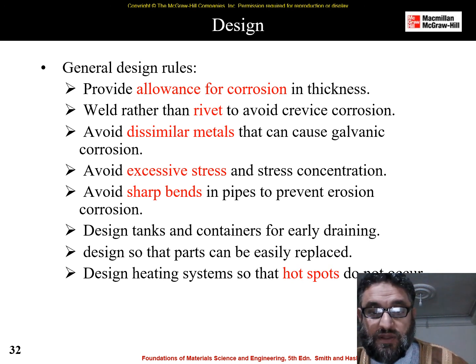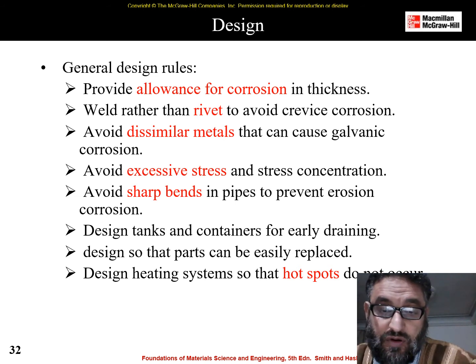So when we design vessels and tanks according to our functional requirements, that means our pressure and stress needs, for example a certain thickness, we then add more thickness for two purposes.